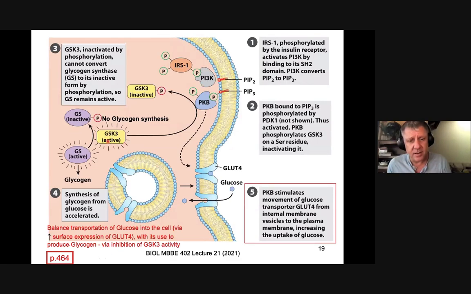So when we have the glycogen synthase kinase number 3 in its dephosphorylated form, it's active. But the protein kinase B has the capacity to take this particular enzyme and phosphorylate it, causing a three-dimensional structural change in the glycogen synthase kinase number 3 to then cause its dissociation and allow the glycogen synthase to become active, consuming the glucose that's entering the cell by the GLUT4 transporters, and then produce glycogen.